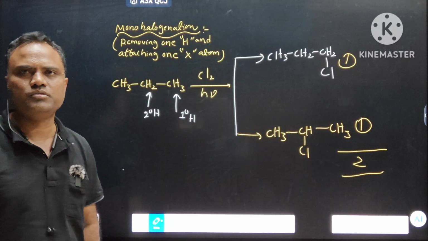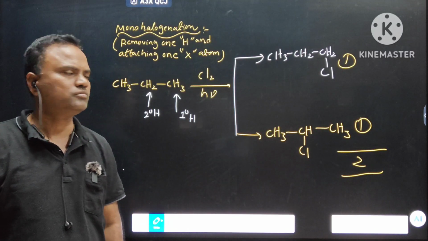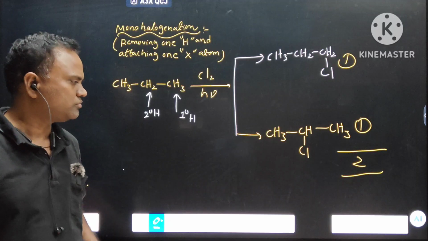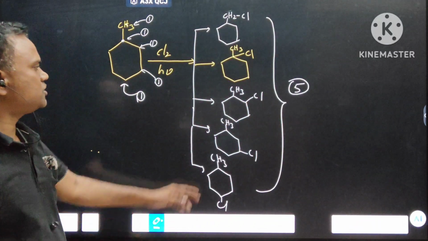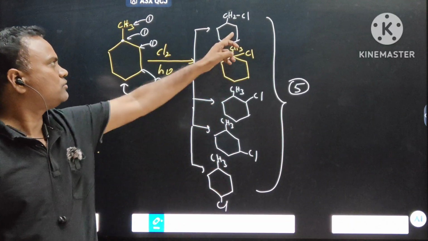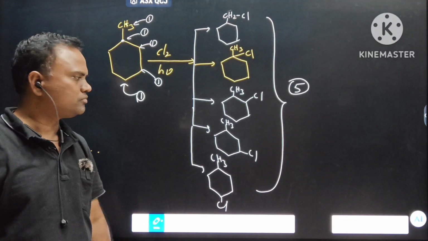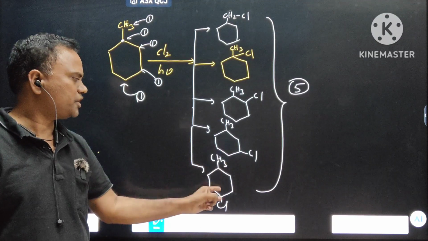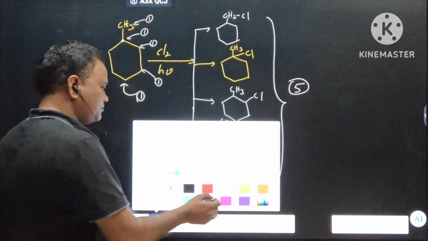Srujan, tell me. Which fourth on this one? 1, 2, 3, 4. Okay. You are saying these two. What is its name?